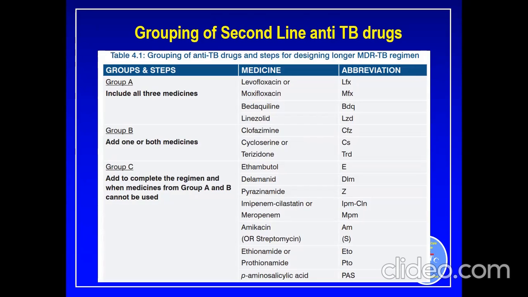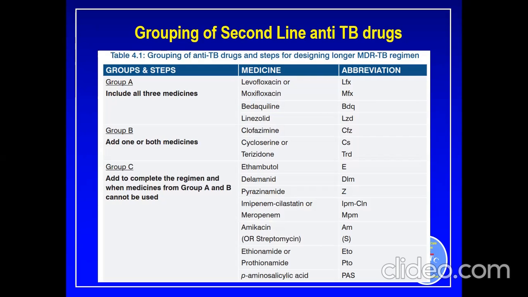You can either use levofloxacin or moxifloxacin depending on whether fluoroquinolone resistance is there or not, and whether moxifloxacin in high doses is susceptible. So we use all 3 of the group A drugs, and then from group B, we add 1 more drug, that is either clofazimine or cycloserine. Cycloserine is also available as terizidone, which is a less toxic drug.